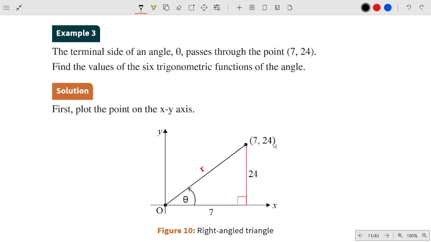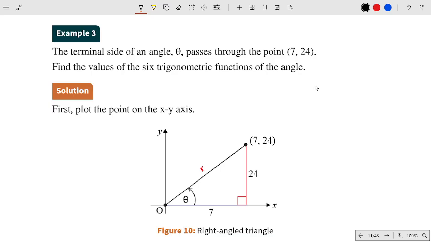With this type of question, you need to draw your Cartesian plane and make sure you have your right angle triangle in it to help you easily identify the sides, which helps you determine the trig ratios.